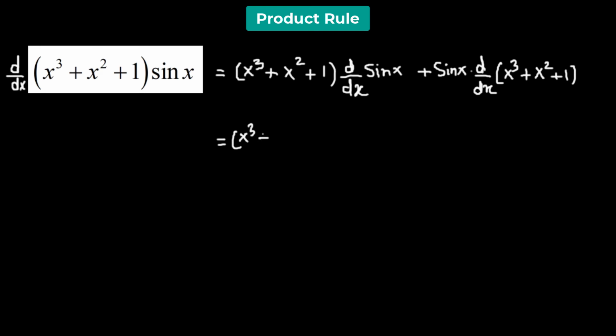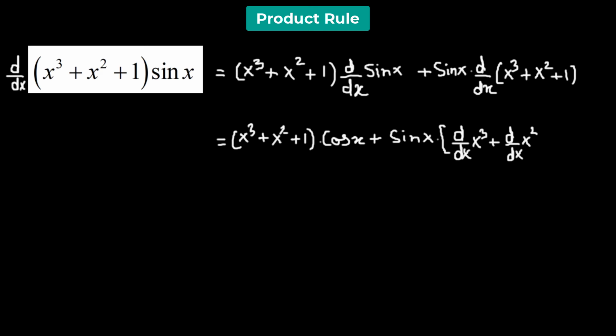which will be equals to x cubed plus x squared plus 1 multiplied to the derivative of the sine function, which is cosine of x, plus sine of x multiplied to the derivative of x cubed plus the derivative of x squared plus the derivative of the constant function 1.